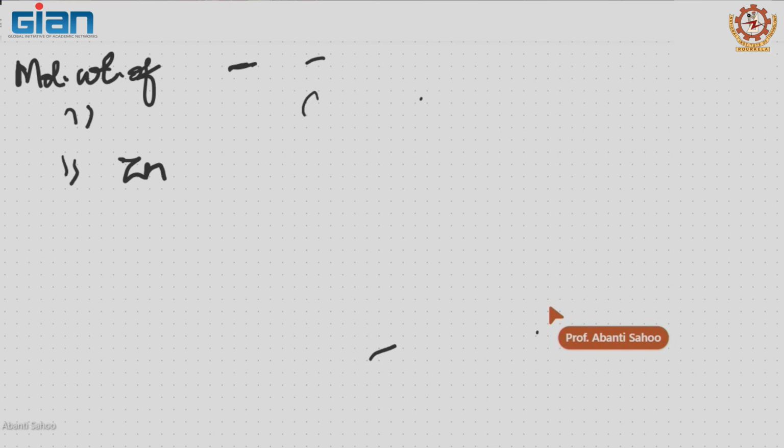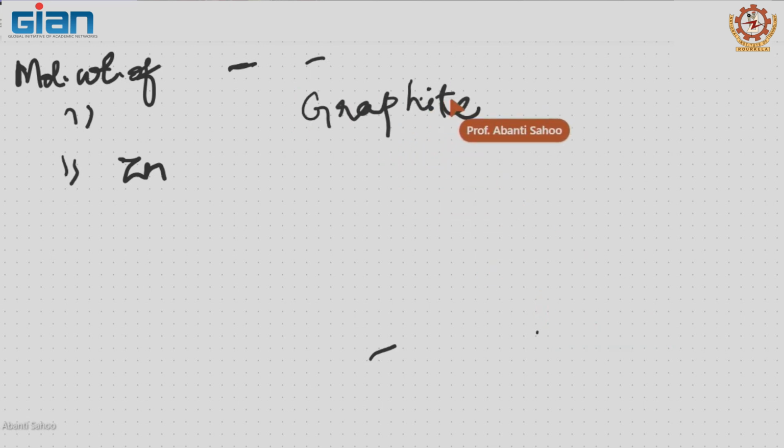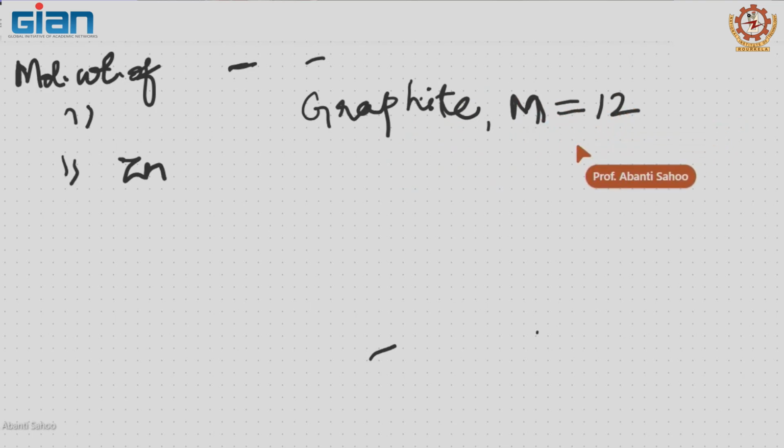Graphite means carbon. So, molecular weight or the atomic weight, here we can take 12. So, when molecular weight is 12, that means 12 gram per mole, we can say this is kg moles if you take 0.012 kg.